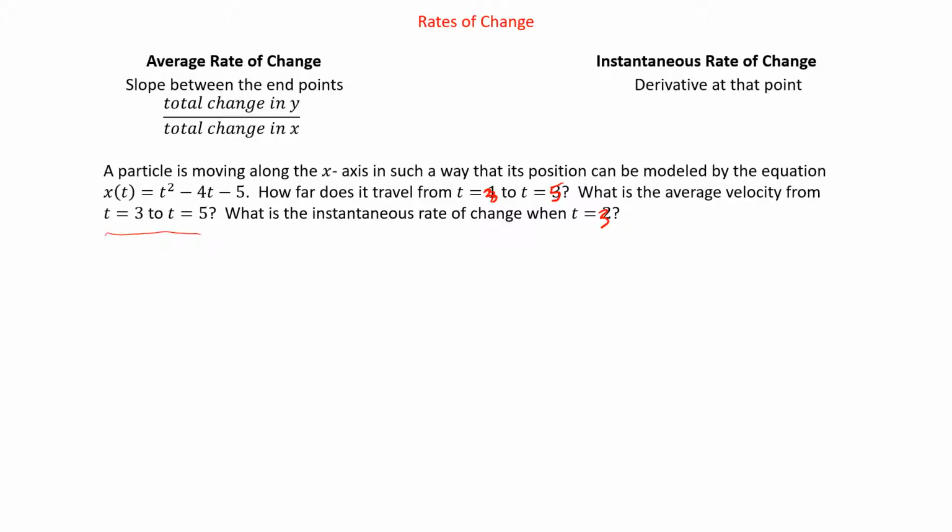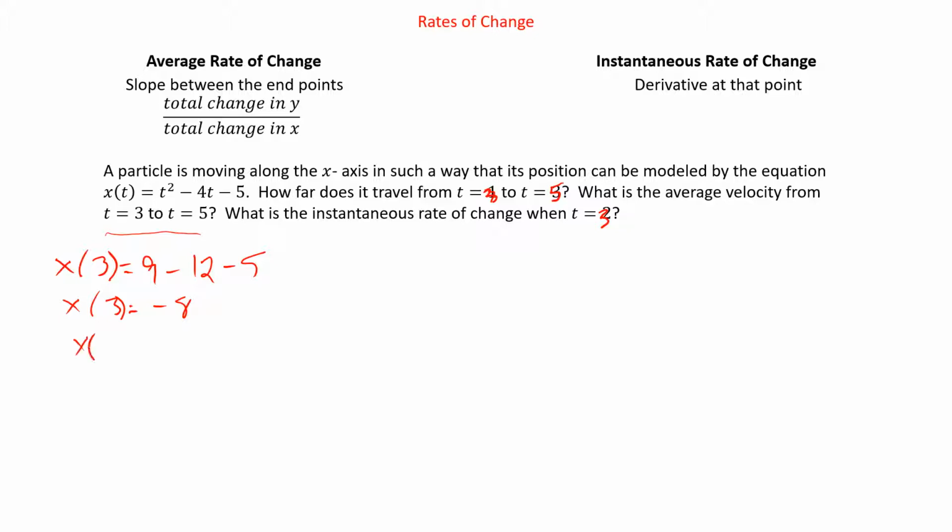To figure out how far it went does not take calculus. It takes subtraction. We're going to figure out what the position was at 5, what the position was at 3, and then subtract those. That's the change in position. So x of 3 equals 3 squared, which is 9, minus 4 times 3, which is 12, minus 5. 9 minus 12 is negative 3, minus 5 is negative 8.